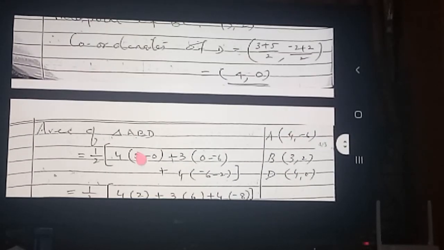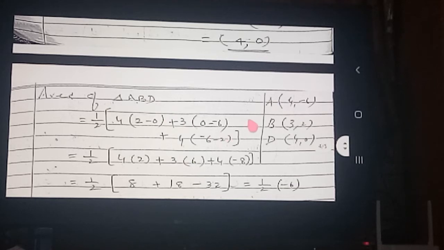Start. Area of triangle ABD, find out. I have written A, B, D in the order. So half into x1, x1 is 4, into y2 minus y3, that means 2 minus 0, plus x2, x2 is 3, into y3 minus y1, y3 is 0 minus 6, plus x3, x3 is 4, into y1 minus y2, that means minus 6 minus 2.